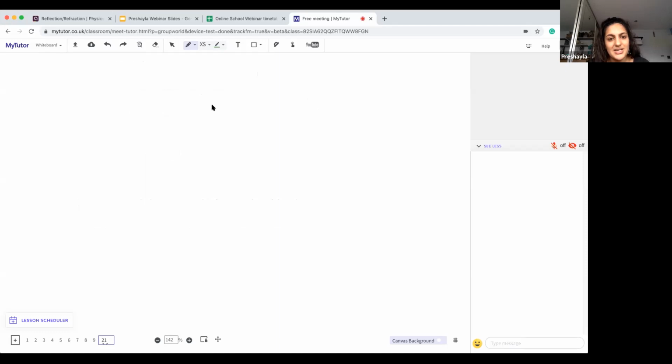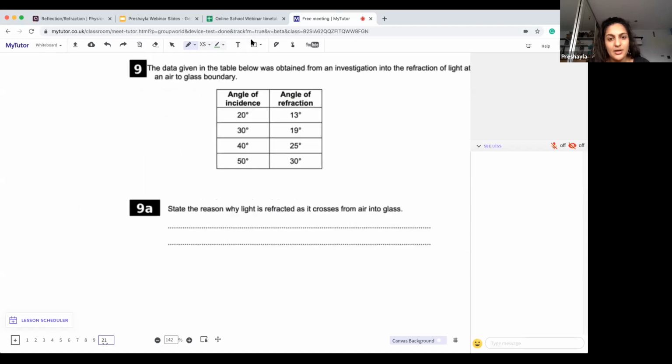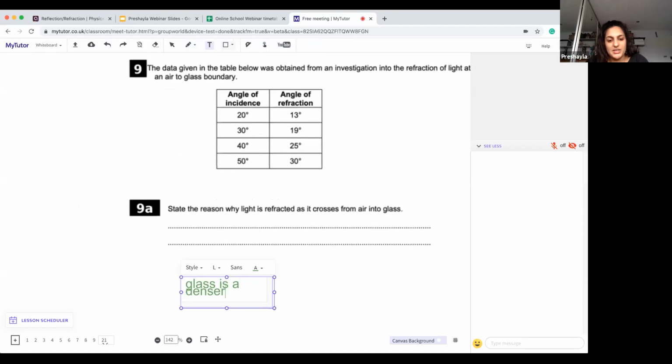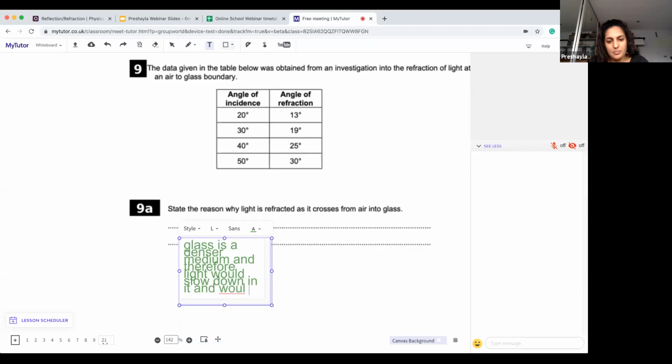Good. Glass is a denser medium. So glass is a denser medium, and therefore light would slow down in it and would be bent, or you can say refracted.